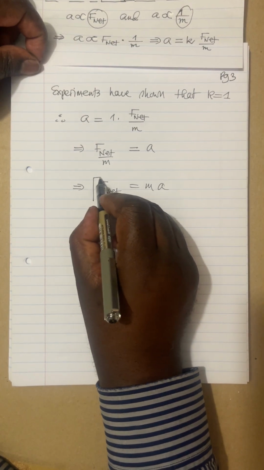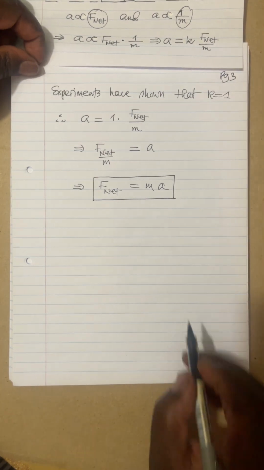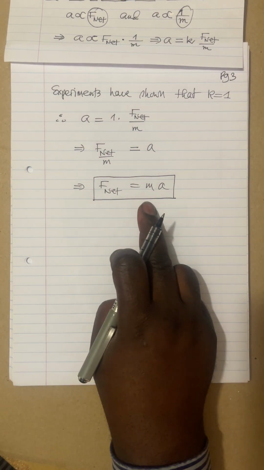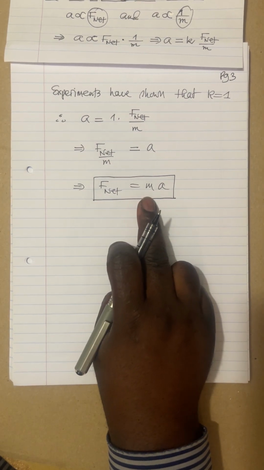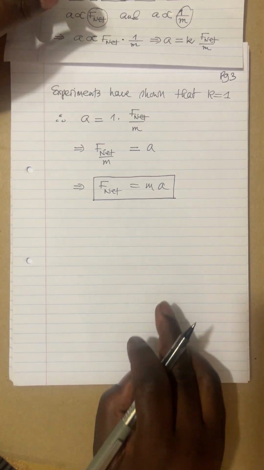So this is Newton's second law equation. This is how it is brought about. So we are interested in net force, which is equal to the product of mass and acceleration of any object on which the net force is acting.